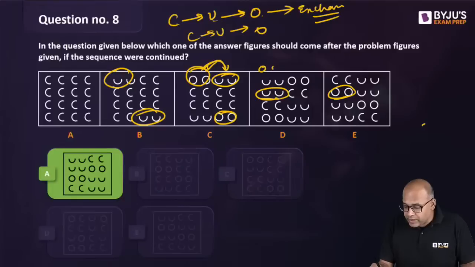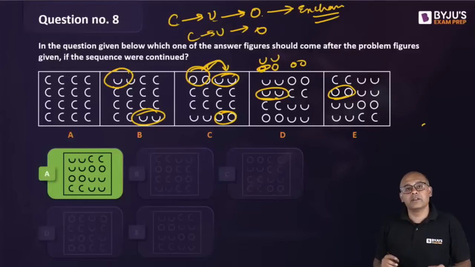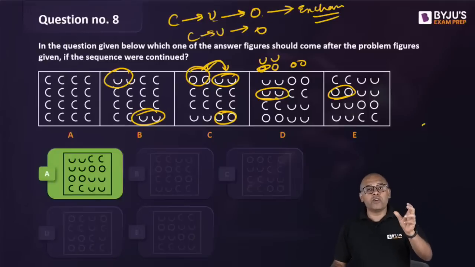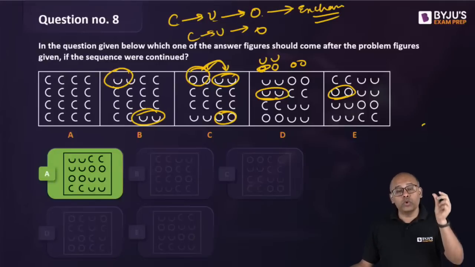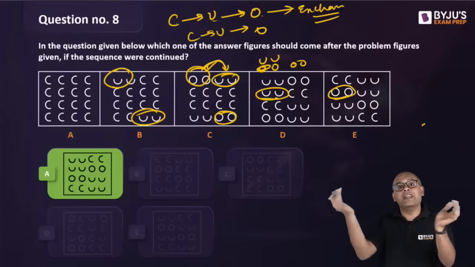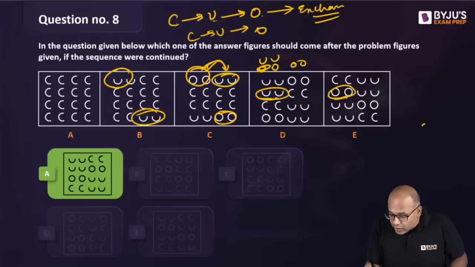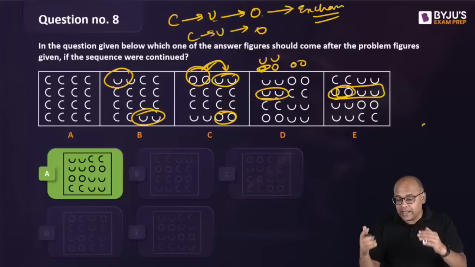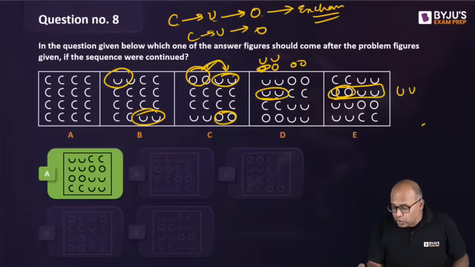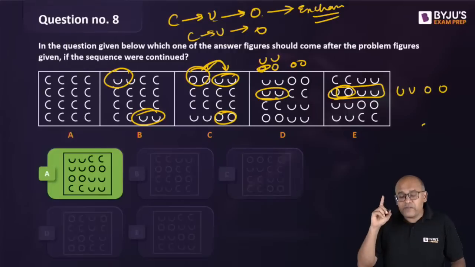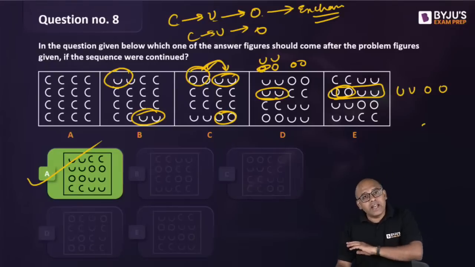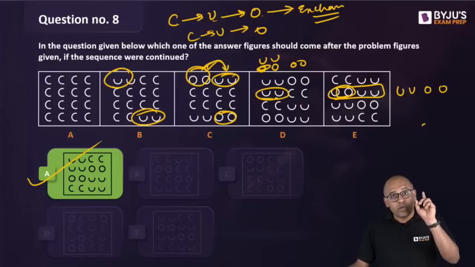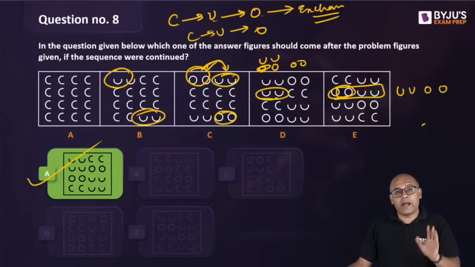After the change from U to O, they are interchanging. Similarly here also it should interchange. So the second layer should actually be UUOO. And there is only one option which has UUOO, which is option A. Without anything else, you can straight away say there's only one option conforming to the pattern, which is option A.